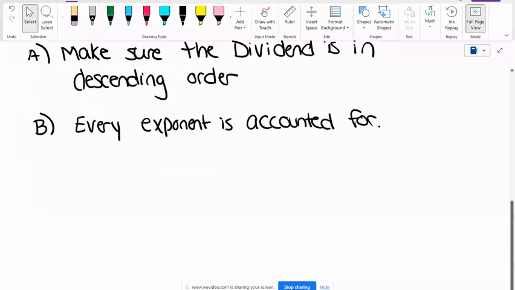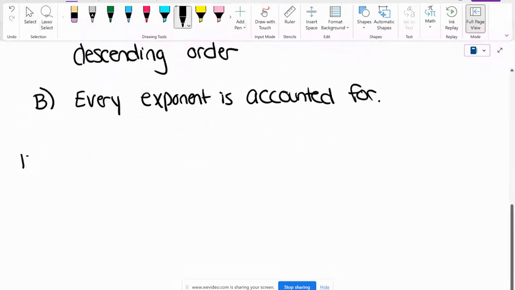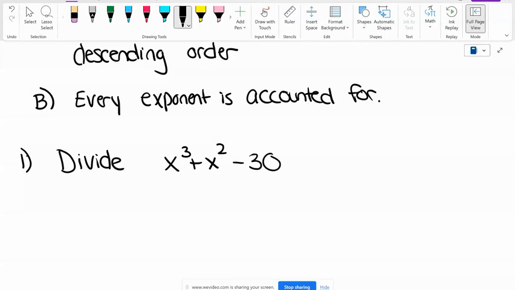Okay, let's do a problem. I want us to divide x to the third plus x squared minus 30 by the quantity of x minus 3.